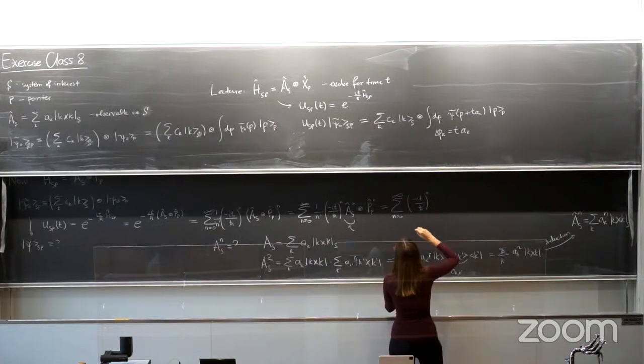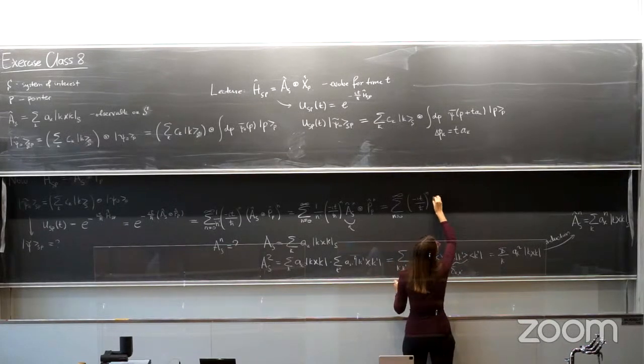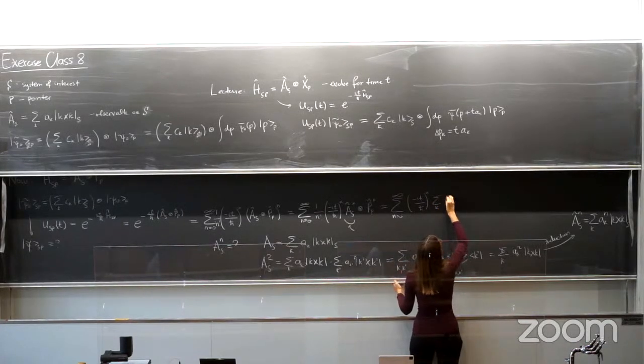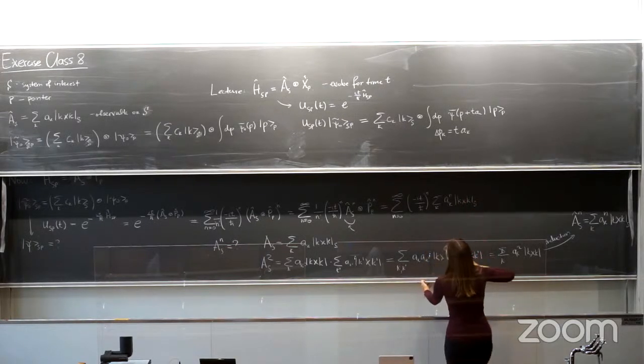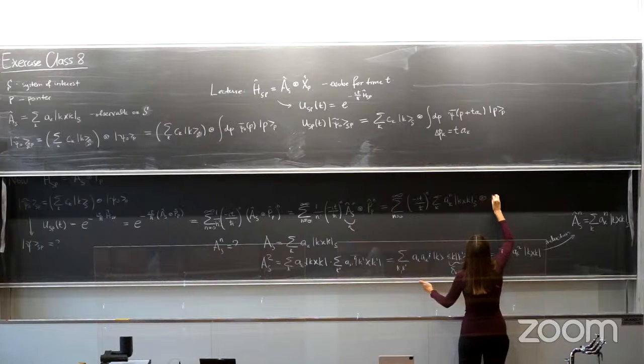Here we'll have sum over k, a_k to the power n, |k><k| on S, tensor product, p on P to the power n.